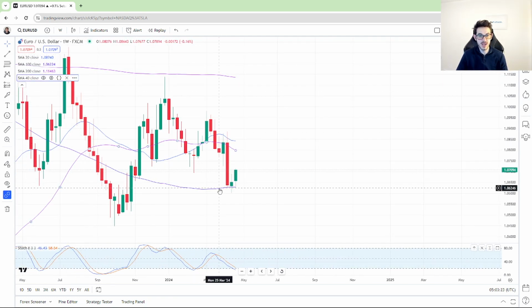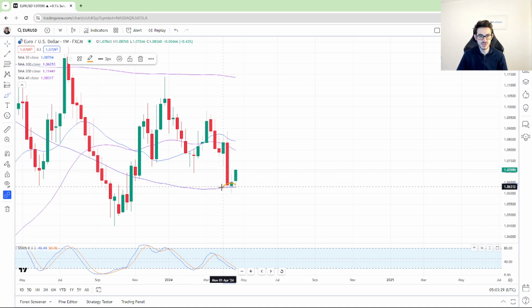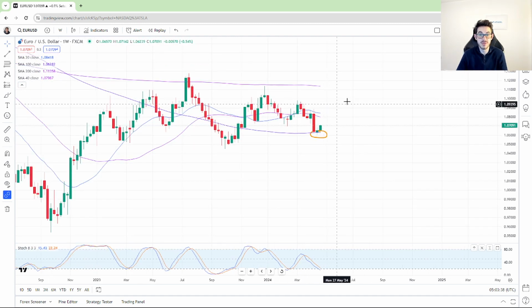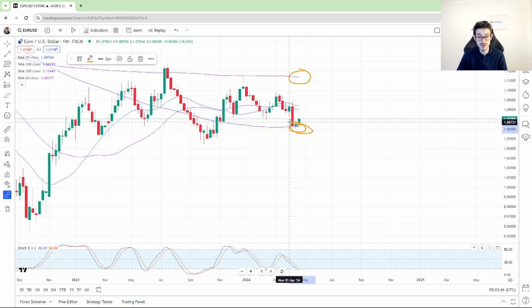But if you look at this chart, I've got the 100 MA down here, which we're now touching, but the 200 MA is up there. So you can infer the difference: the long-term trend is up there, and the longish term, if you like, is there.